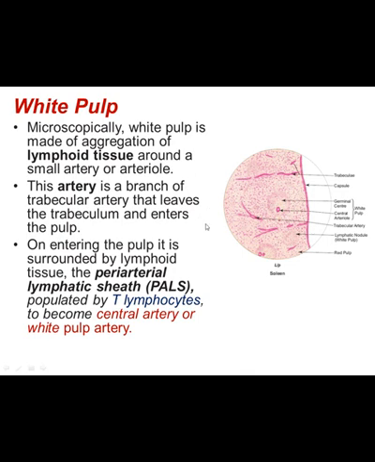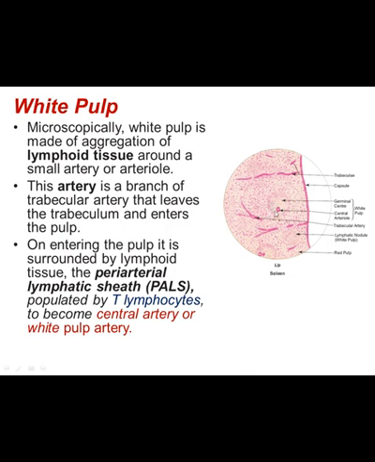Now we see the white pulp. Microscopically, the white pulp is made up of aggregation of lymphoid tissue around a small artery or arteriole. And this artery is a branch of the trabecular artery that leaves the trabeculum and enters the pulp. When it enters the pulp, it is surrounded by lymphoid tissue.